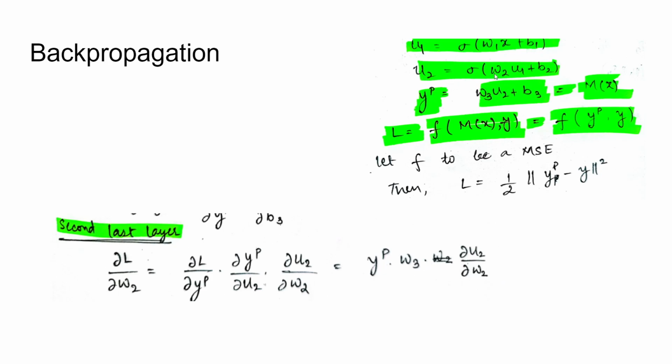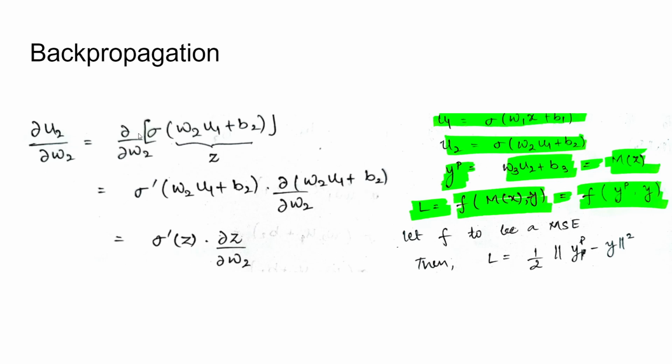Now for this thing, if you see, there is also this non-linear function. So u2 is defined as some function of w2 u1 plus b2. When you differentiate u2 with respect to w2, we have to first differentiate this function and then we have to differentiate this expression.